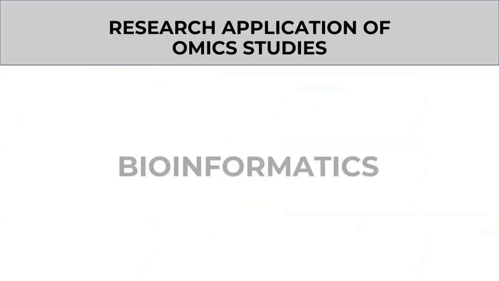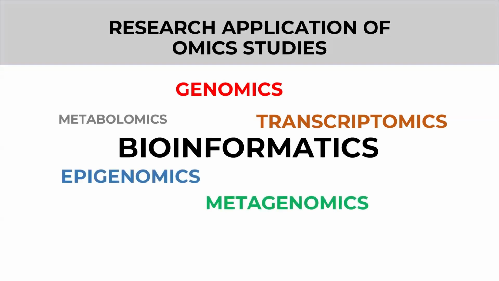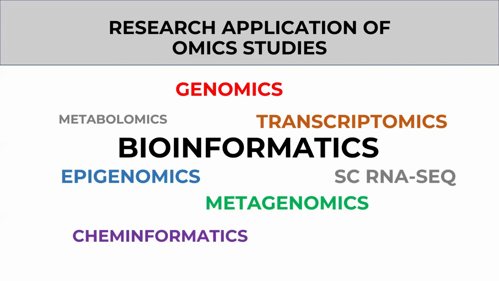Now, there are different research applications of omics studies that we discussed, and different omics studies as well that I just mentioned, that you can either pick one of these omics studies that you would like to work upon. So I'll take each one of these omics types one by one, and let's just try to understand what type of analysis you could do under each one of these omics fields.